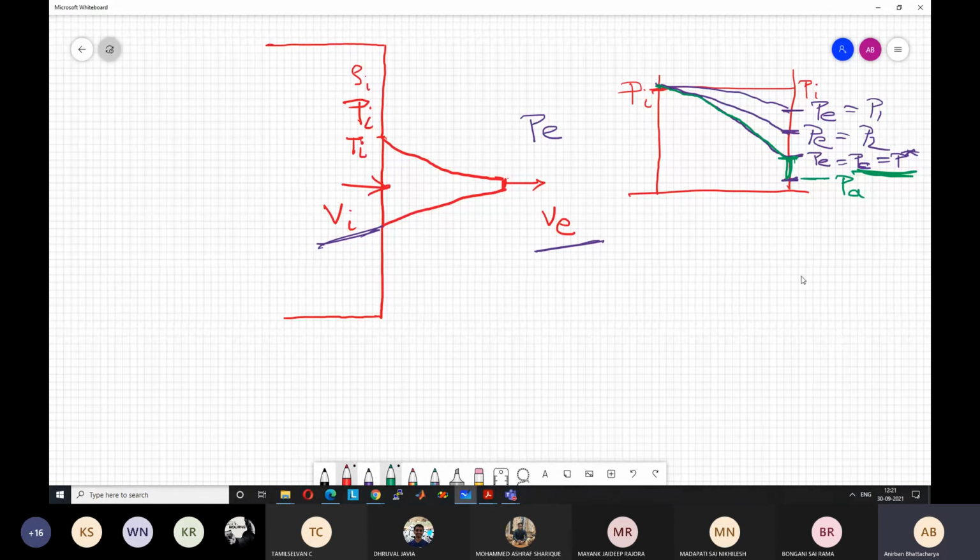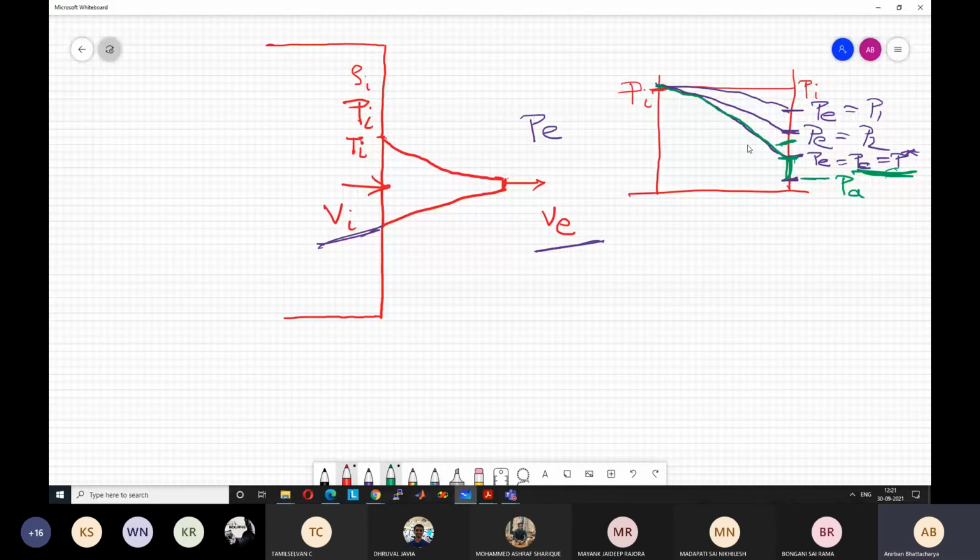If the ambient pressure PA is greater than the critical pressure, the nozzle operates in an unchoked condition, and we have already discussed that part. If the ambient pressure is less than the critical pressure, the nozzle will operate in a choked condition, and that is the part that we are going to discuss.